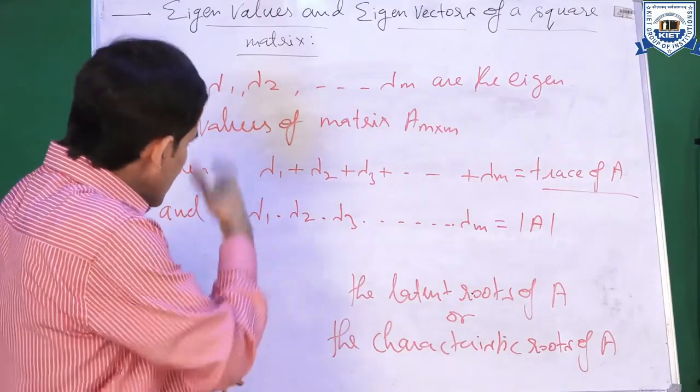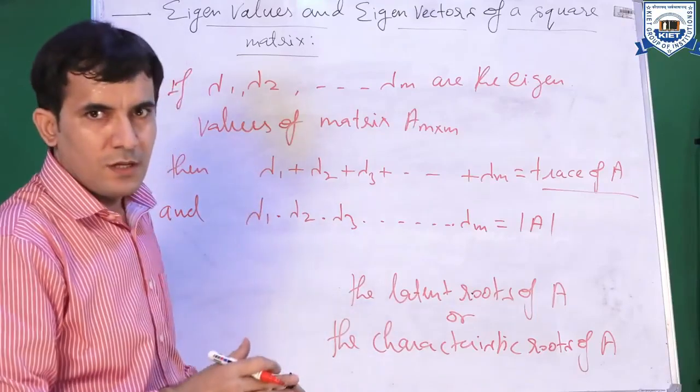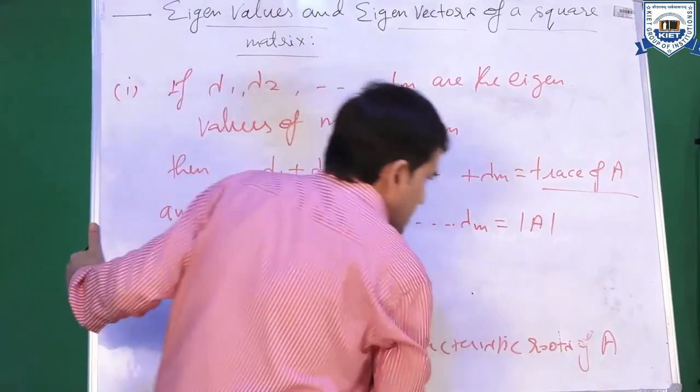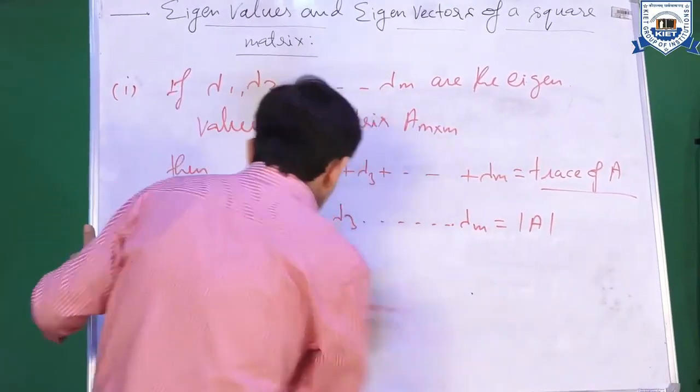There are two important results related to eigenvalues of a square matrix.